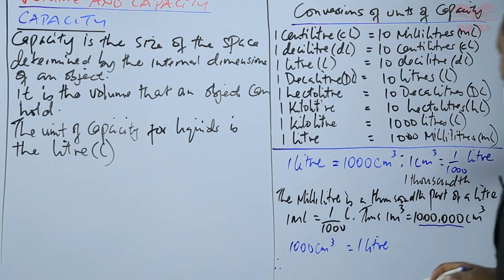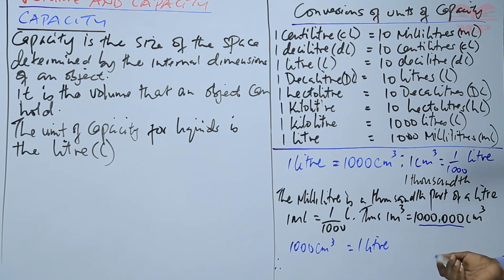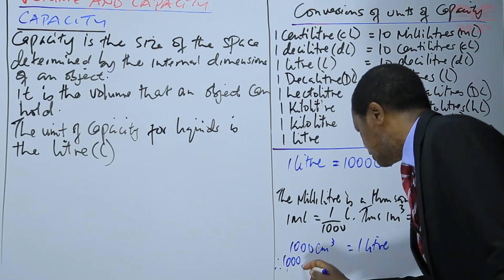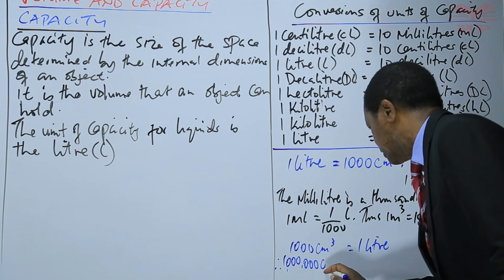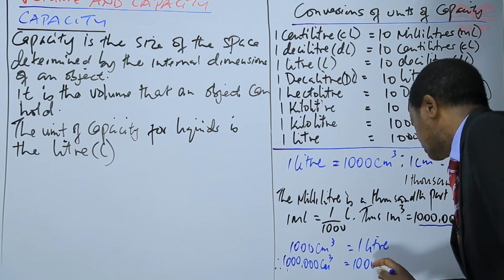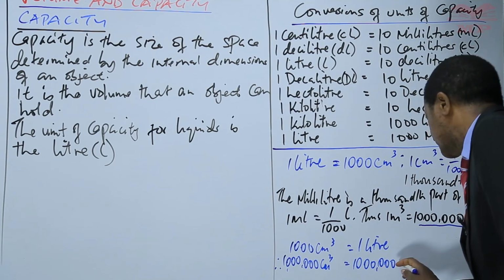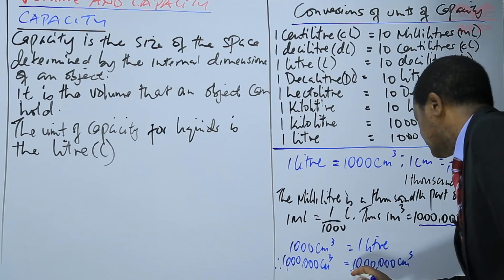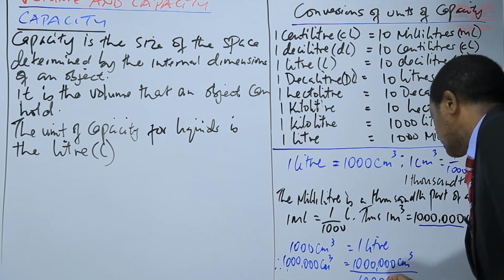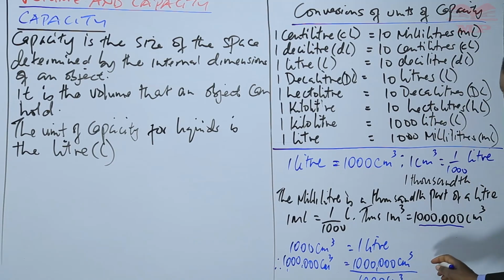Therefore, how about 1 million? 1 million cubic centimeters will be equal to 1 million cubic centimeters divided by 1,000 cubic centimeters times 1 liter.